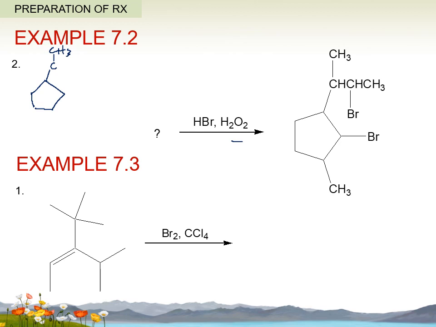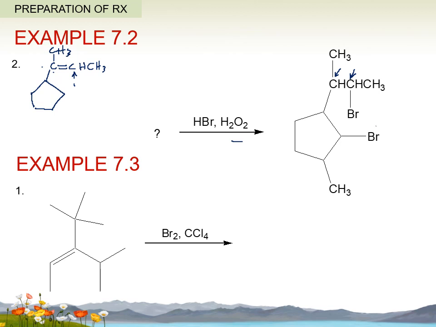The double bond would be formed here because bromine would be attached to the carbon that has more hydrogen. This second carbon has more hydrogen compared to the first one here. So the double bond would be formed between this carbon and this carbon.